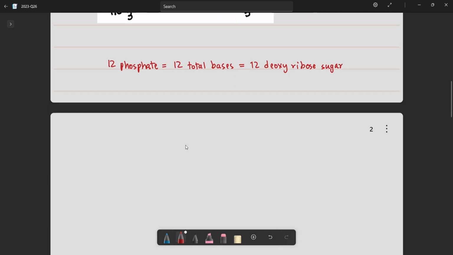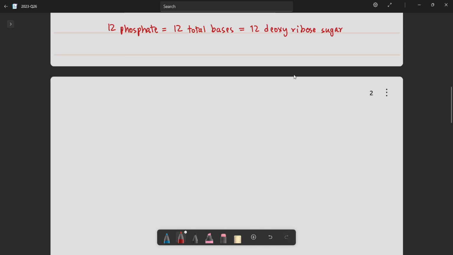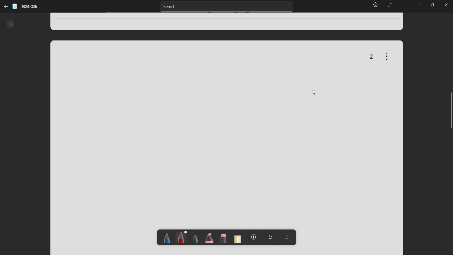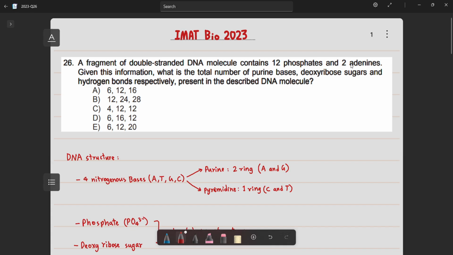Now moving forward. Since we have 12 phosphates, 12 total nitrogenous bases, and 12 deoxyribose sugars, and we are also given two adenines.